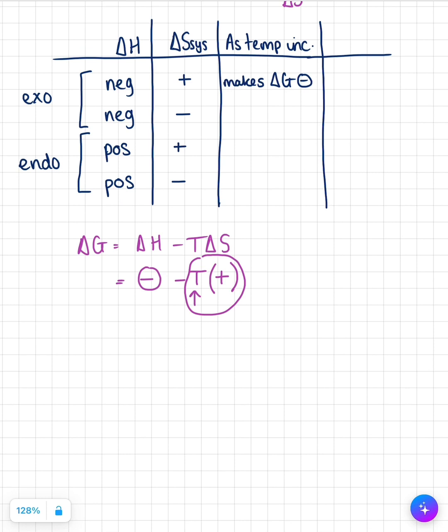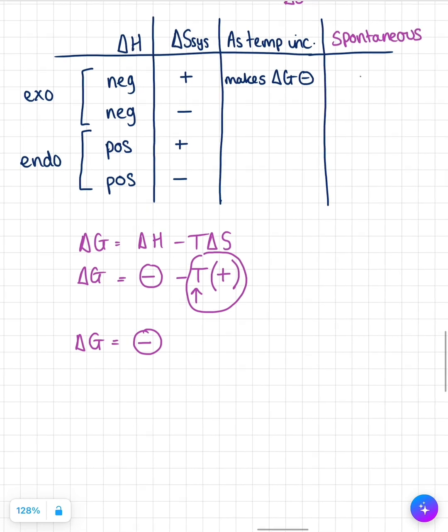So you are going to be doing a negative number minus a large positive number, and you are going to end up with a negative number. Therefore, will our reaction be feasible? Yes, because Gibbs is negative.